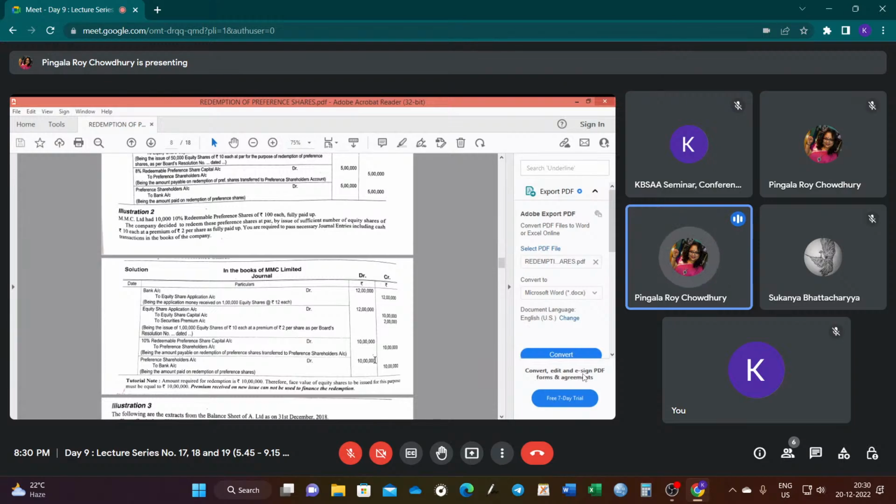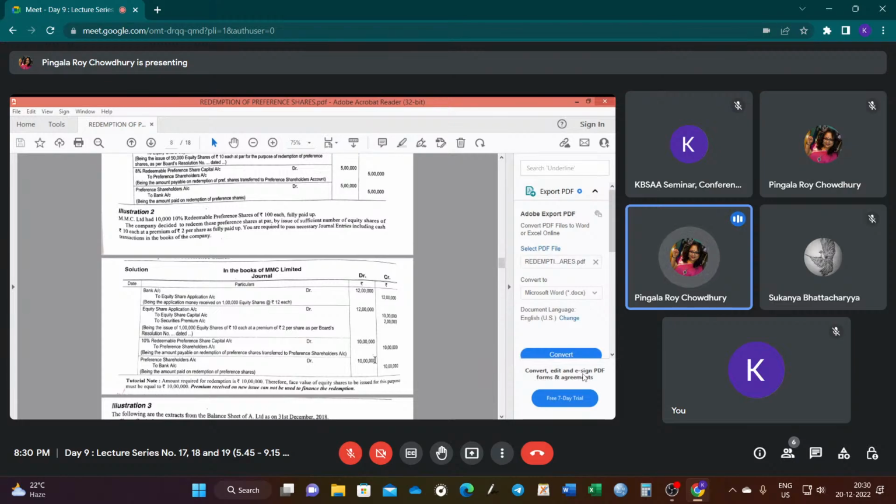Now we have to remember what I have said, that when you are issuing equity shares at a premium, we cannot utilize the premium amount for redemption. We have to consider only the face value of the equity share as proceeds to be utilized for redemption. We need 10 lakh rupees for redemption, so we need to issue equity shares for a face value of total rupees 10 lakh exclusive of premium. Premium will be in addition to rupees 10 lakh.